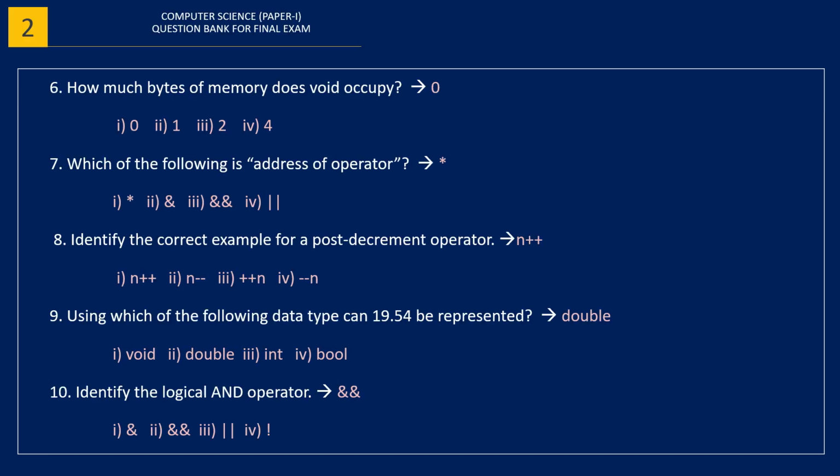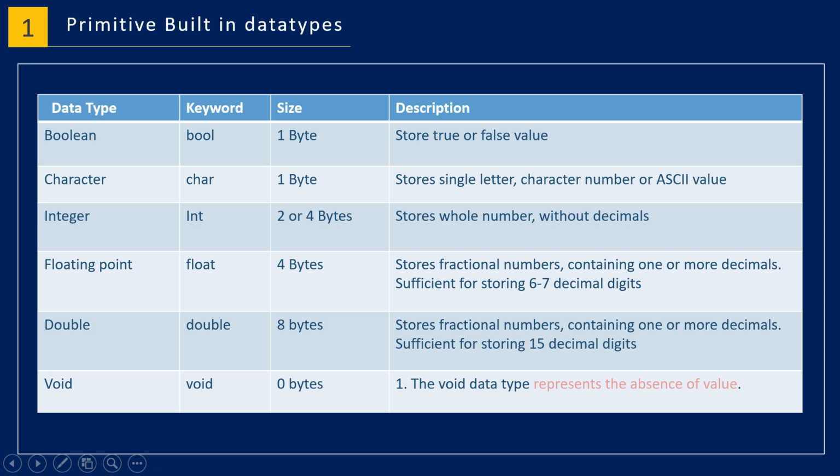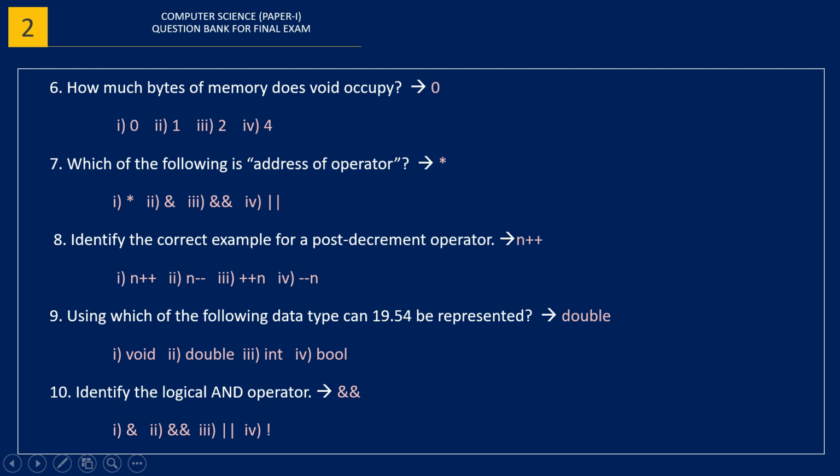How many bytes of memory does void occupy? Just now we have seen this. Void needs 0 bytes of memory space, because we are not storing anything in void. We just tell the compiler that there is nothing. Void means nothing, or the absence of value. So 0 bytes.